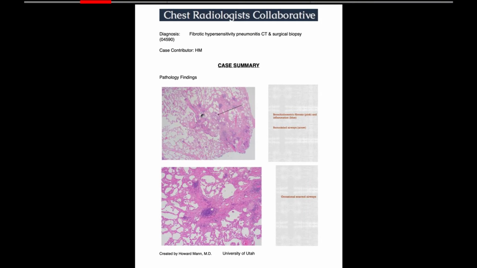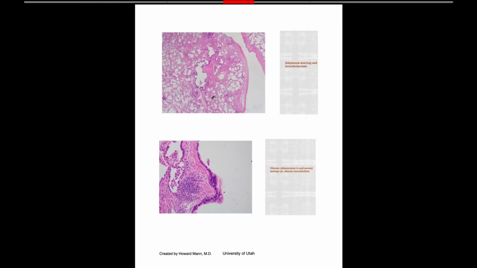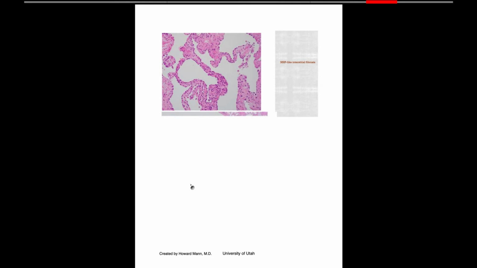In pathology, the pathologist made a very big deal about airway-centric fibrosis. Here's some scarred airways. Here is a place where we have some subpleural scarring and bronchiectasis, but accumulation of lymphocytes, maybe not quite with the lymphoid follicle in relation to airways.